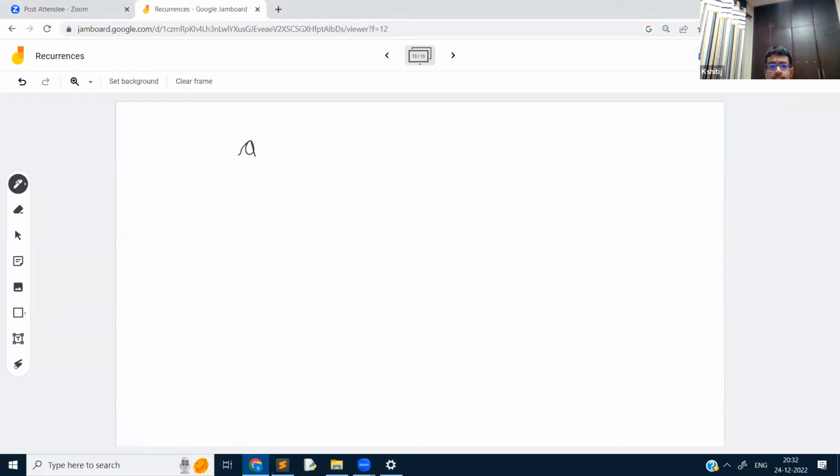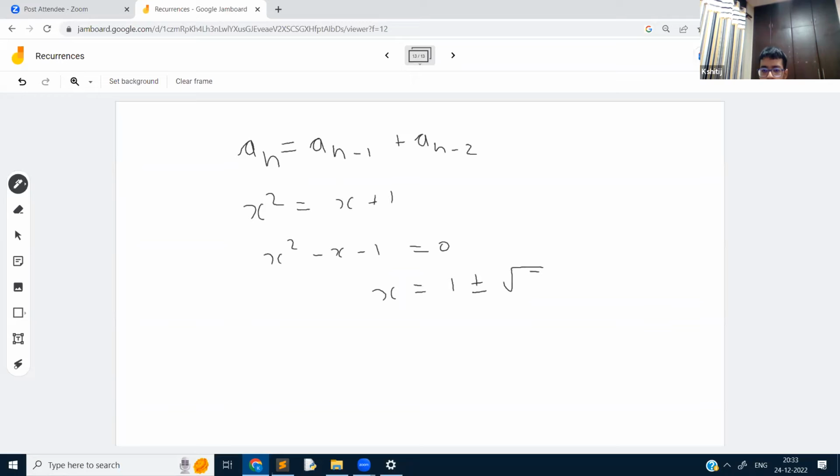So for example, we will just take the Fibonacci series. In this case, the characteristic equation will be x square equal to x plus 1, which is x square minus x minus 1 equal to 0. We can solve the quadratic and we will get x is 1 plus minus root 5 by 2.